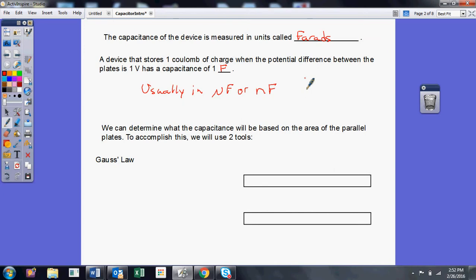Let's go back for a second here. On this plate, we're considering a positive plate with some positive charge, and it's really going to be on the side close to the negative, because they're going to be attracted to each other, so the charges are going to accumulate there.